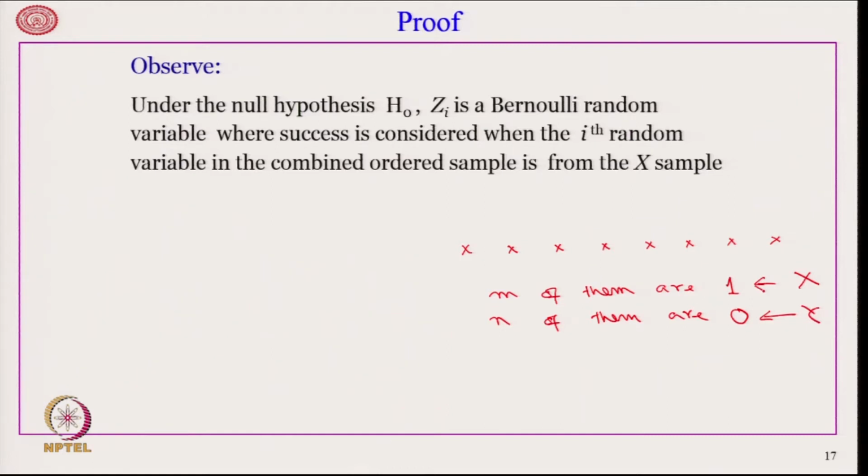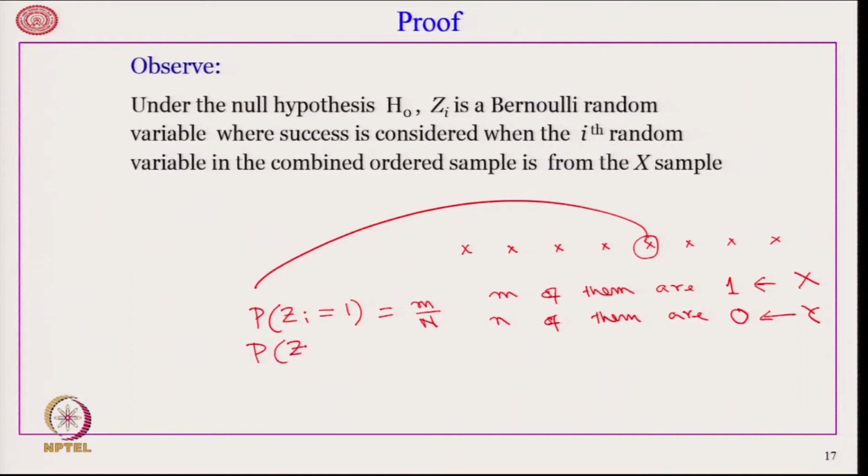Therefore, when we randomly pick up one value, probability Z_i is equal to 1 is equal to m by N, and probability Z_i is equal to 0 is equal to n by capital N.